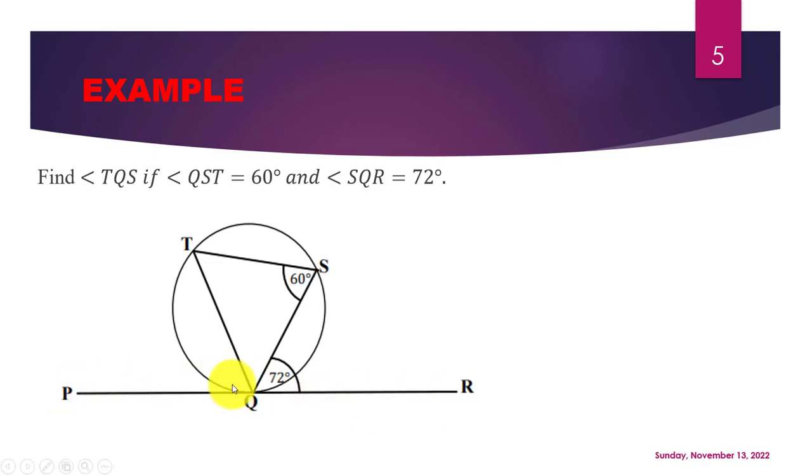Also, line PQ is a tangent, and it meets the line QT at point Q, whilst the line QR, which is a tangent, also meets the line QS at the point Q. So take note of that. Right, so let's solve the question together.